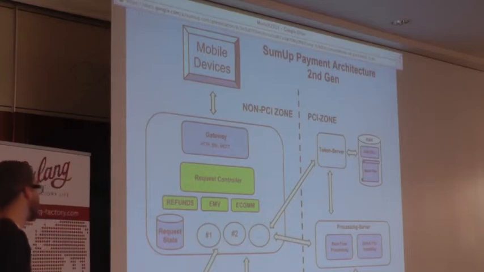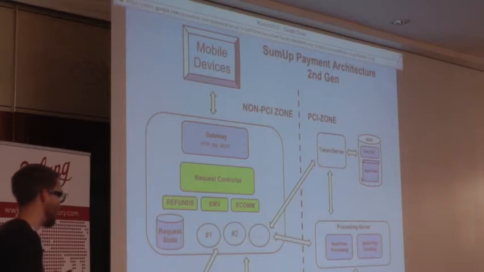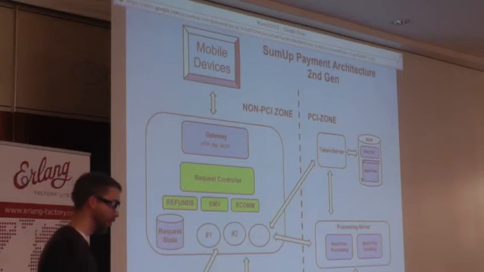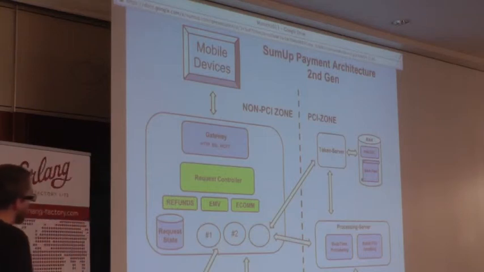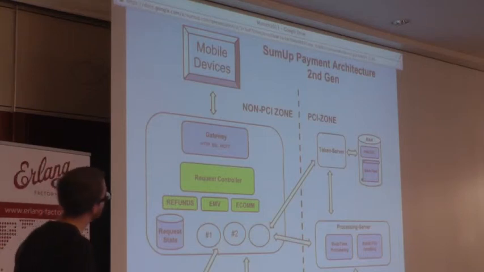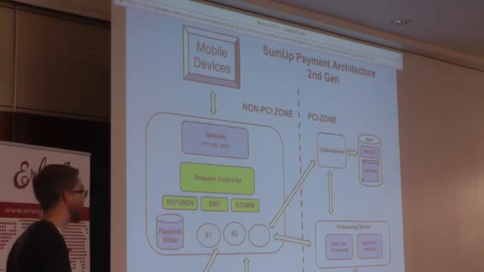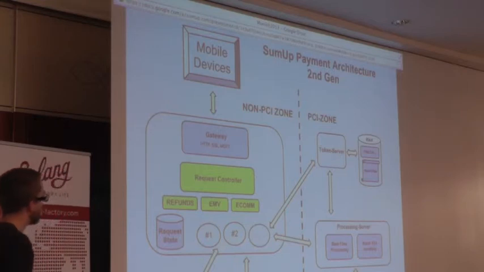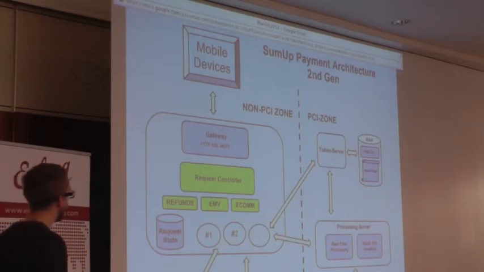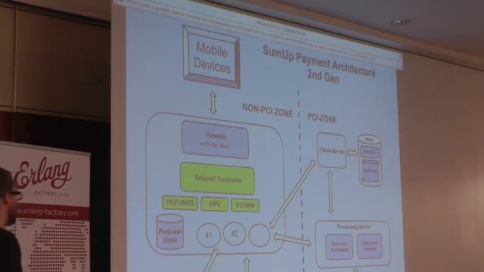For payments, we want to remove this legacy Ruby component that handles the first request and handle that in an Erlang gateway instead, which will handle different communication protocols and then translate that into a generic transaction request. So right now we're working on two new components: a new transaction gateway and a new server for handling these different things.